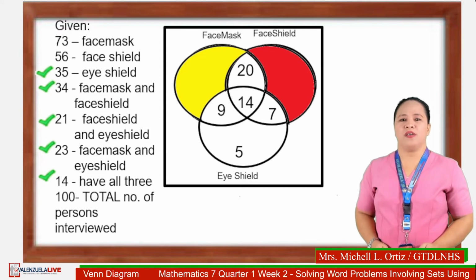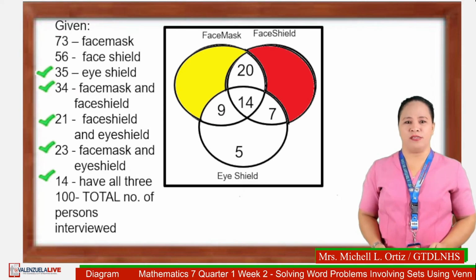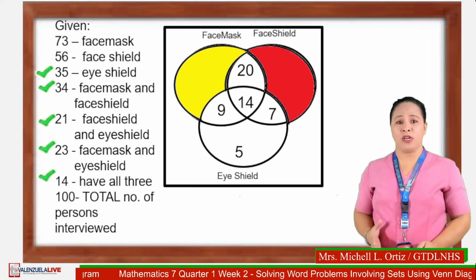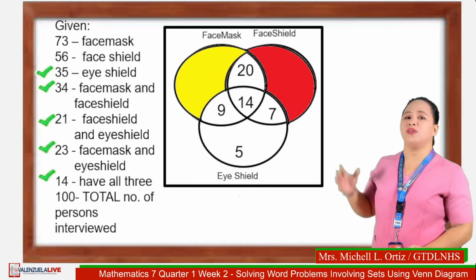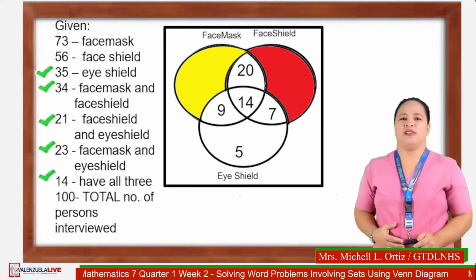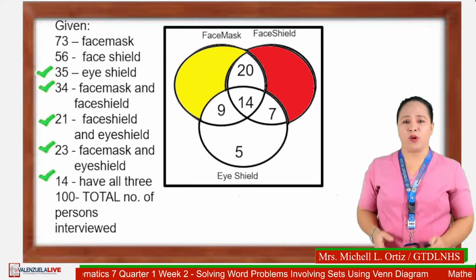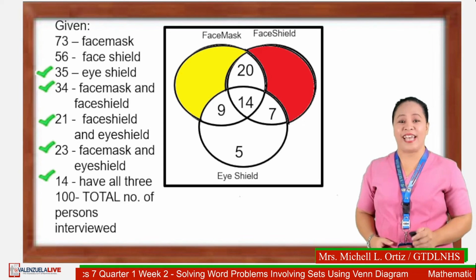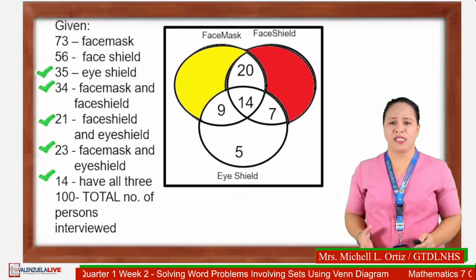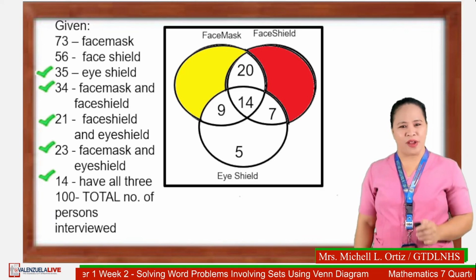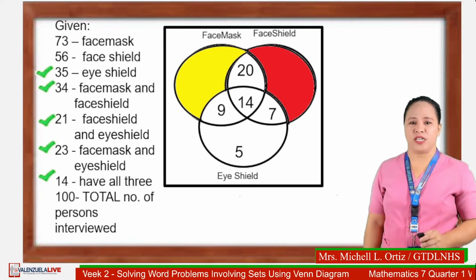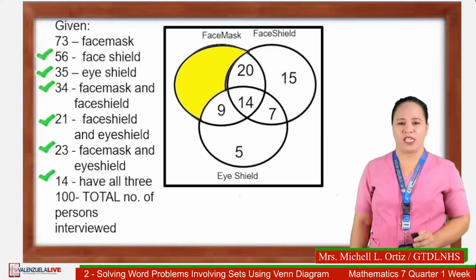Next, 56 have face shield, and face shield refers to this whole region. But since we already have 20, 14, and 7, we will just fill in the red region. And that region must have a cardinality of 15.